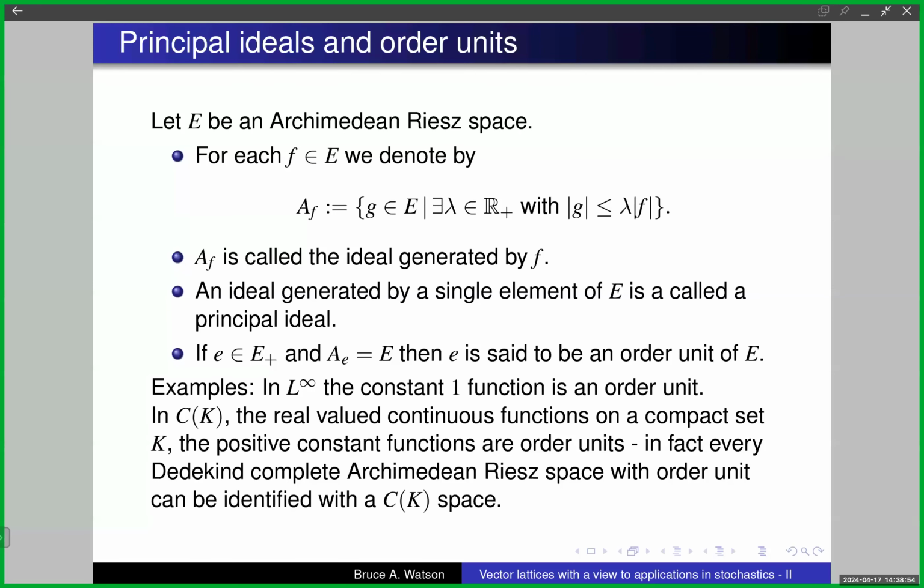So if we were to look at all the objects bounded between minus lambda times the absolute value of F and lambda times the absolute value of F for some lambda, and we collect all of those together for the different lambdas, that gives us A_F. And that is what's called the ideal generated by F. It is also the smallest ideal of our Riesz space which contains F.